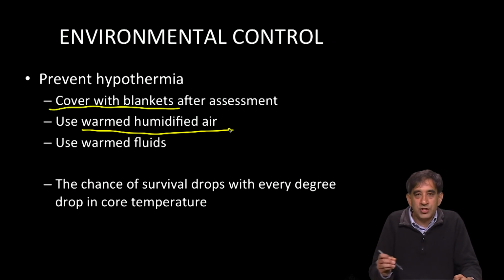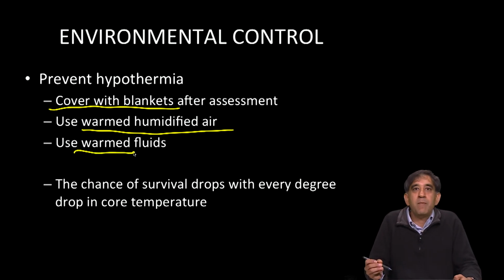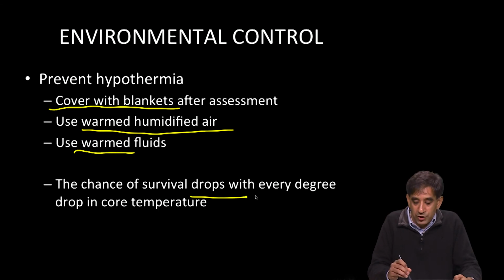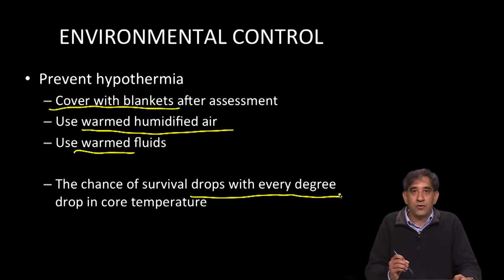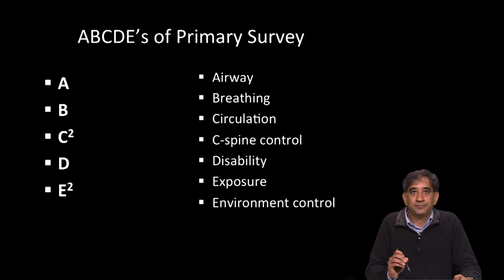When you're giving them oxygen, use warm humidified air. And if you're giving them IV fluids, make sure that they're warmed. All of these steps can potentially prevent hypothermia. And again, we know that the patient's chance of survival drops with every degree drop in their core temperature. So we want to keep them as warm as possible.